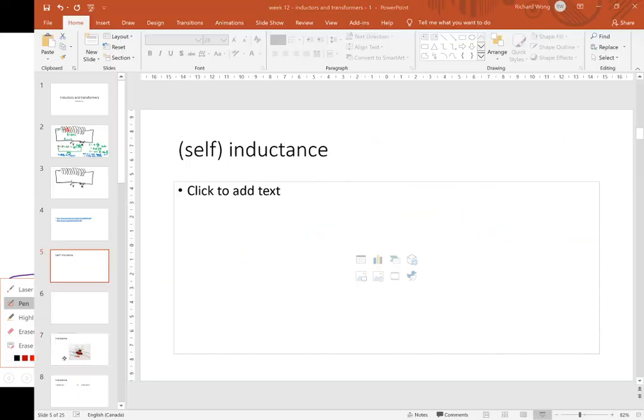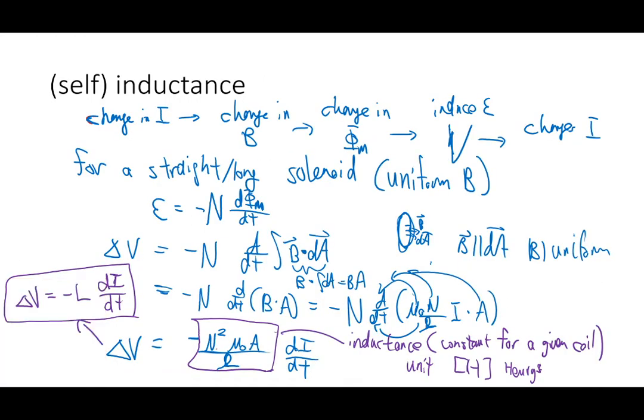Some people express this instead with a little n, so not big N, the total loops, but we have little n, so we group that together and make little n squared times A times little l for the length, like that. And here, critically, remember how we said that the magnetic field inside the solenoid doesn't depend on the size of the area? But the inductance does depend on the area, because the more area you have, the more flux you have.